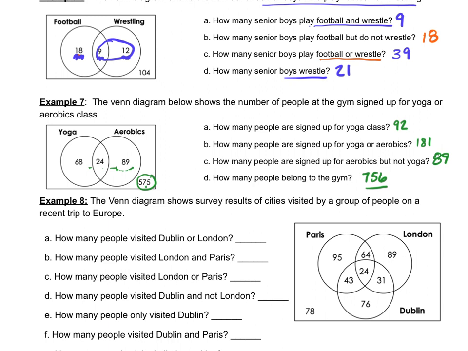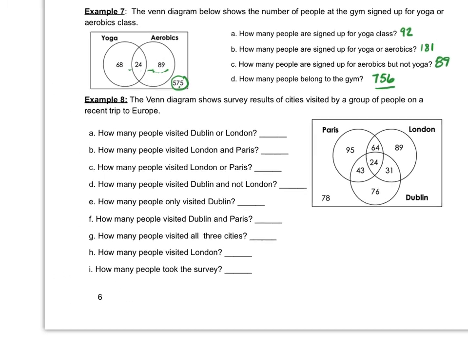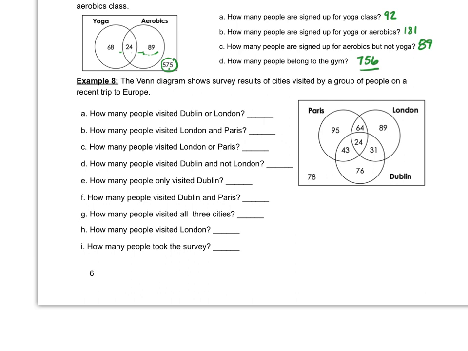All right, let's talk about some travelers next by looking at this Venn diagram. It shows the surveys of cities visited by a group of people on a recent trip to Europe. How many people visited Dublin or London? Okay, Dublin or London. So all of these people visited Dublin, and these people visited London and Paris.